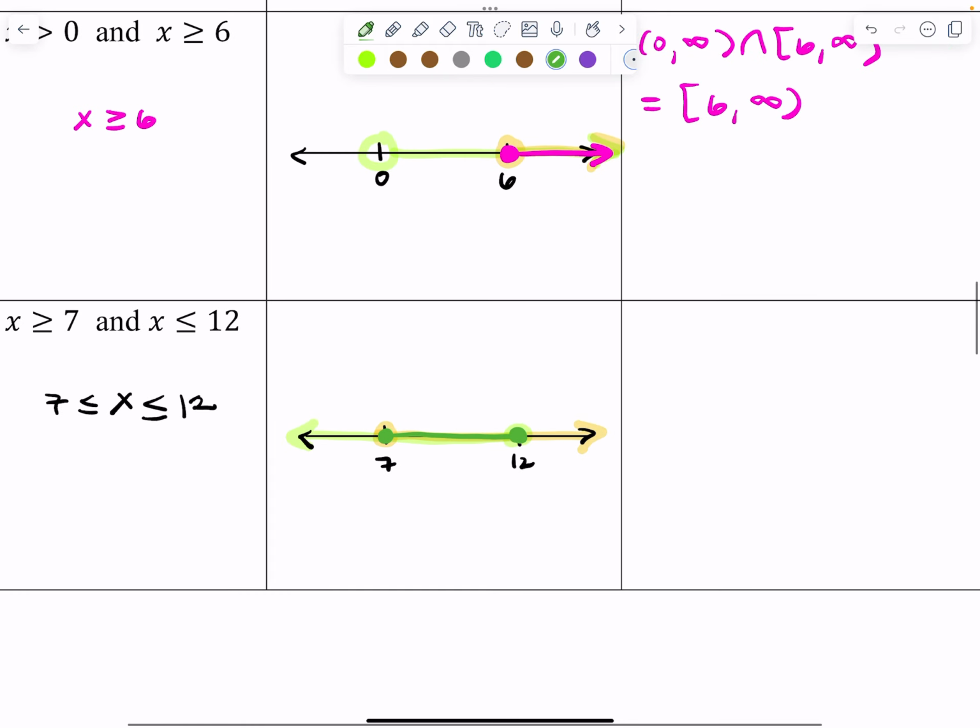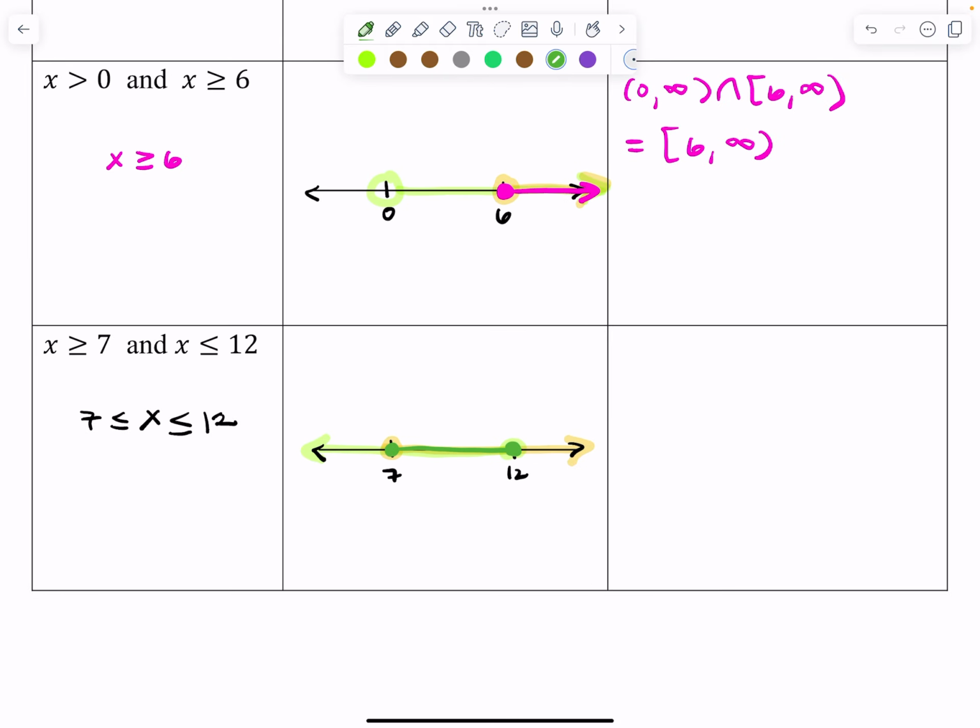those endpoints. So you could go directly to saying the interval from 7 to 12, or again, if we thought of this as the intersection of the interval from 7 to infinity and negative infinity to 12, that statement in interval notation can simplify down to 7 to 12, including those endpoints.